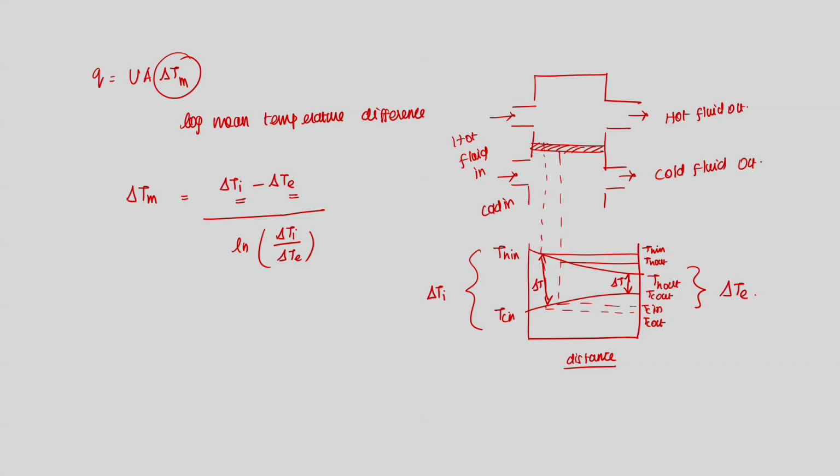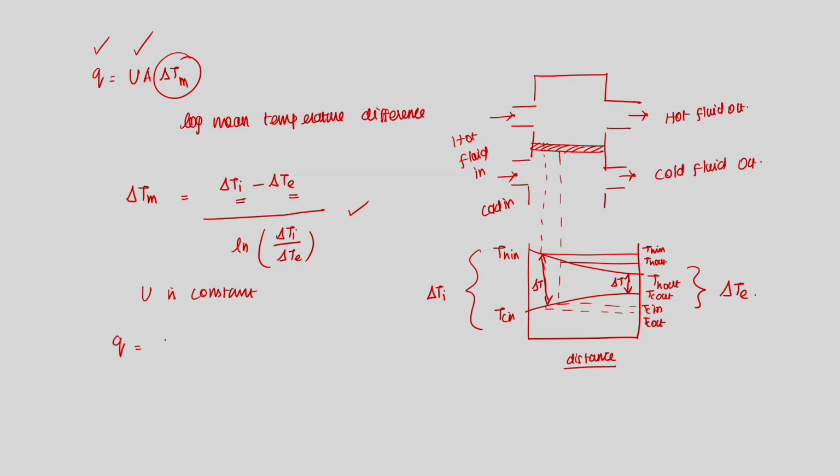And also remember here I have taken U is constant along the length, because though my temperature is varying, my overall heat transfer coefficient is constant. So, from this I will calculate the log mean temperature difference, then substitute in the Q formula, which is nothing but U A del T. Here you can substitute your U, and Q you will be able to know.